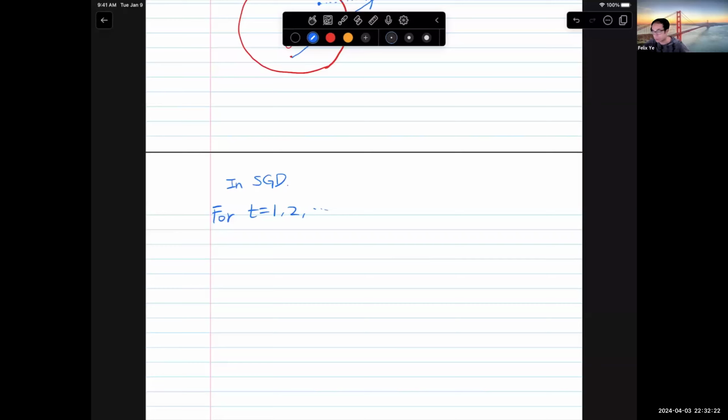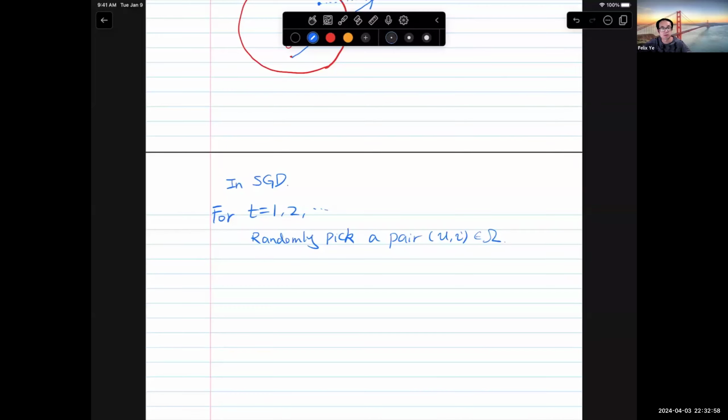You keep iterating. First, you randomly pick a pair, say (u, i) in Omega.